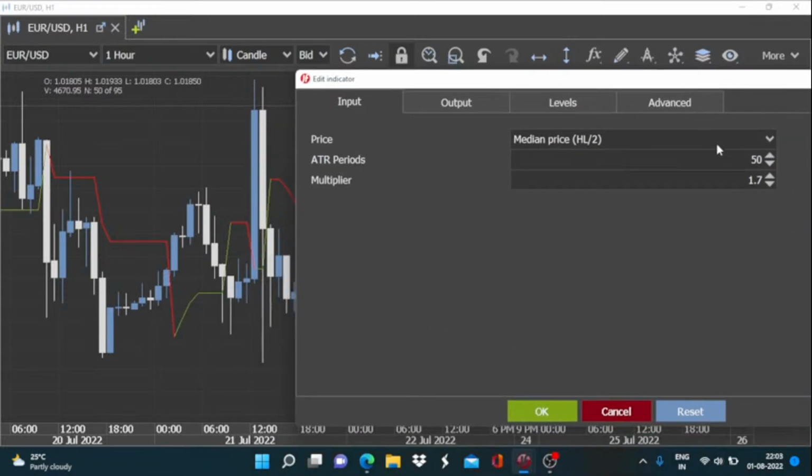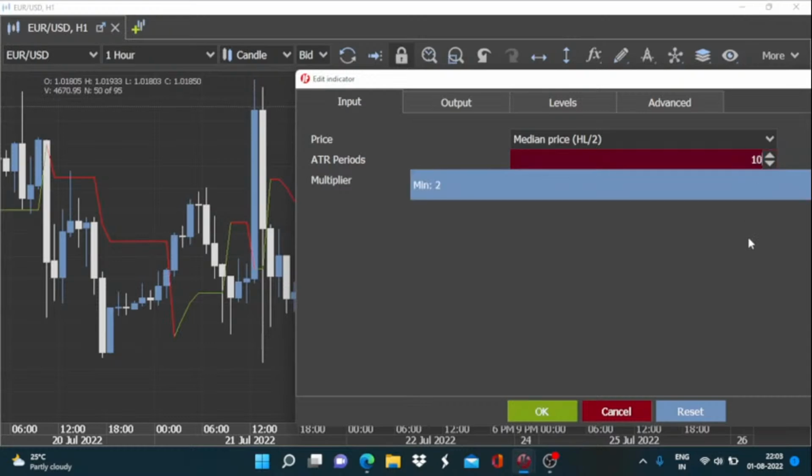So let us try out increasing this ATR period calculation, but it is not really showing much of a change, so I will restore it back to 10, that is the default value. All right, it is taking some time to respond. Let's give it a couple of seconds.